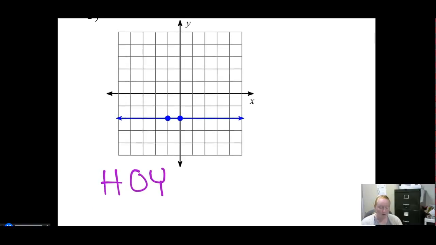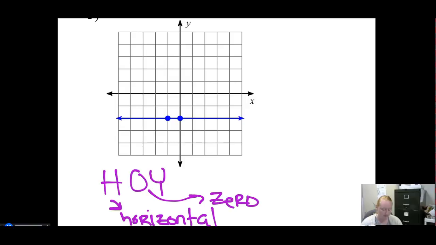This O in the Hoy stands for 0 slope. So the H is horizontal. The O is not actually an O, it is a 0 slope. And the Y stands for, this is a Y equals.